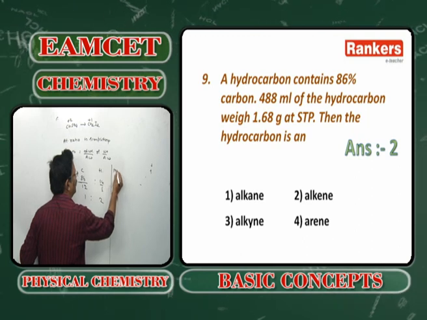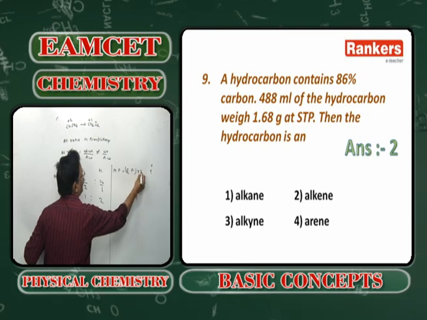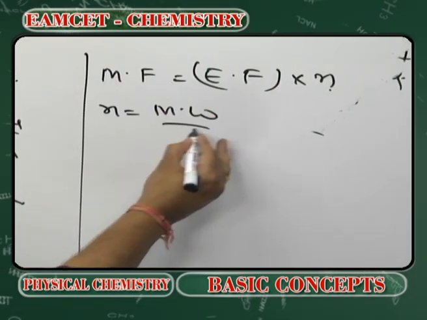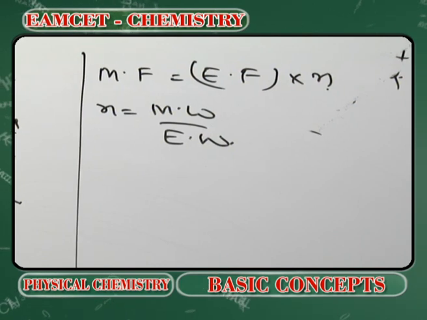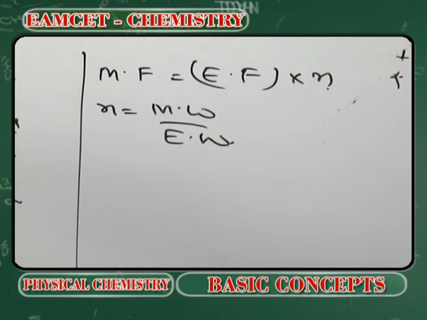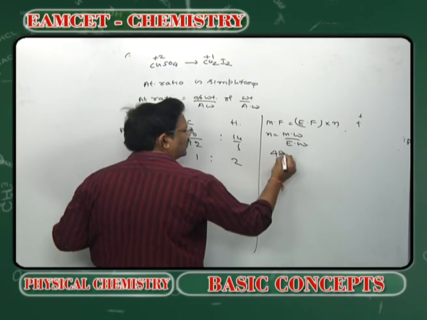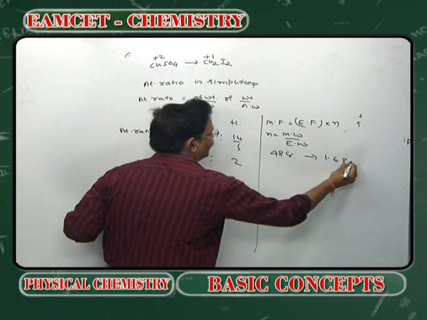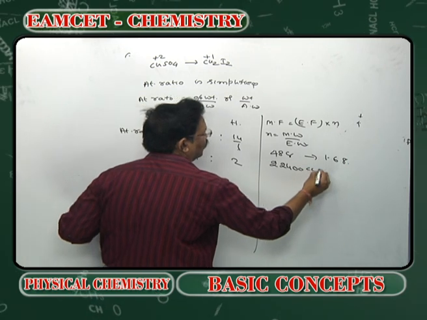How do you find the molecular formula? Empirical formula into N, where N is equal to molecular weight by empirical formula weight. How to calculate the molecular weight? 488 ml weighs 1.68 grams. 22,400 cc weighs how much?